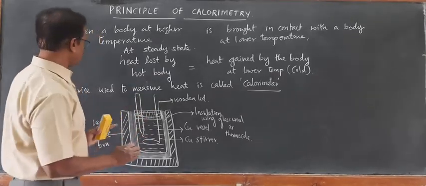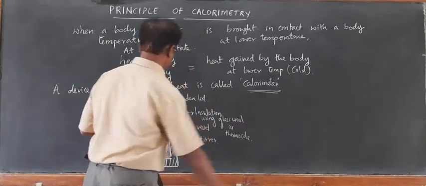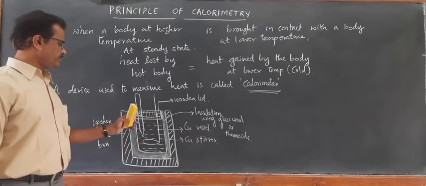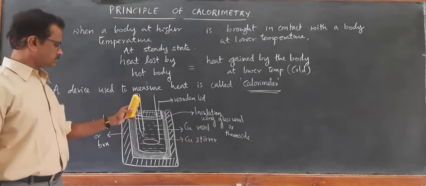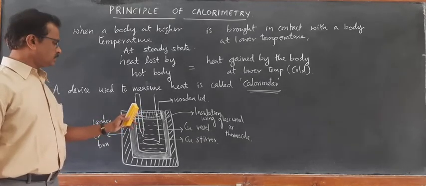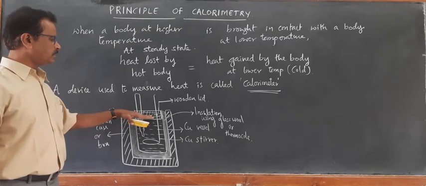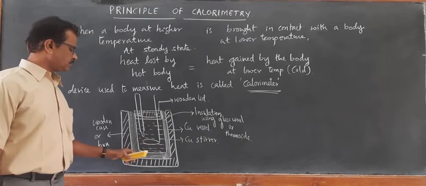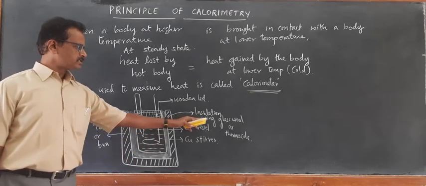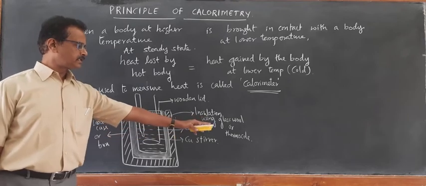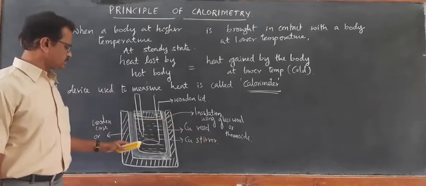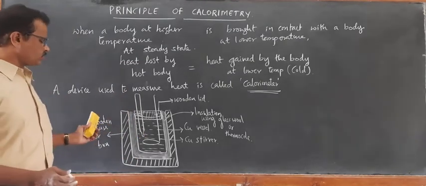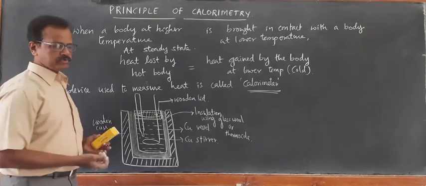Okay, this is what we call a calorimeter. A calorimeter consists of a copper beaker with a copper stirrer, provided with a thermometer, and it is closed with a wooden lid. This entire calorimeter is surrounded with the insulation jacket using thermocol or glass wool, and is taken in a wooden box or case, so that heat is not lost to the surroundings.